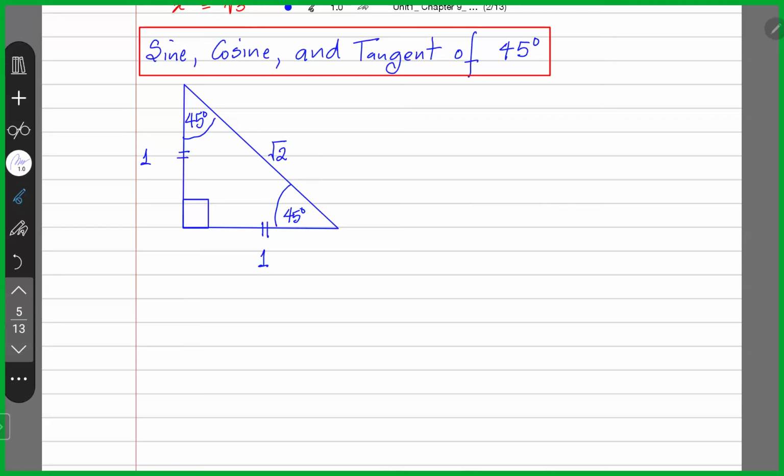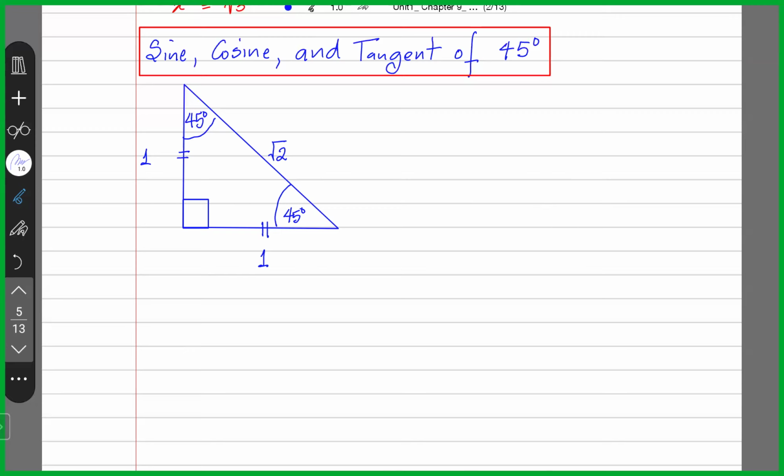So if I wish to know the exact value of the sine, cosine, or tangent of 45 degrees, I would start off with an isosceles right angle triangle where the two equal sides are of length 1 unit, and the third side is opposite to the right angle.